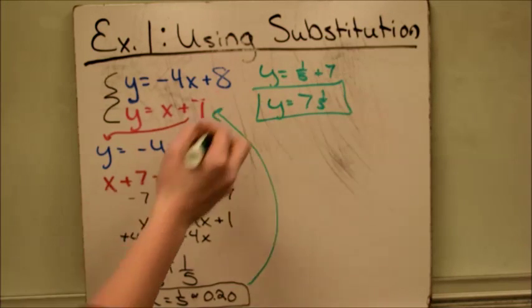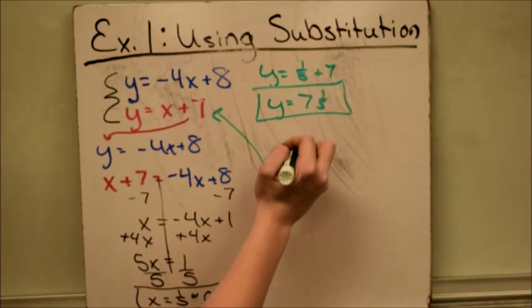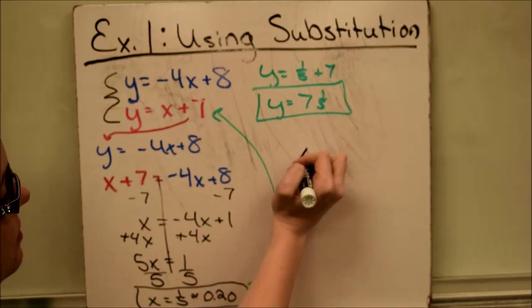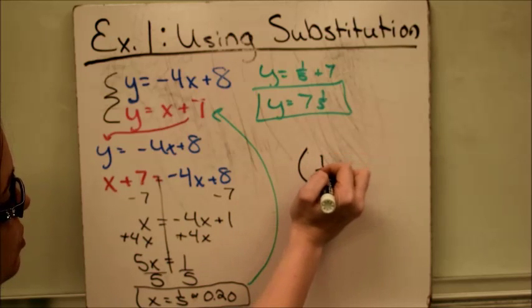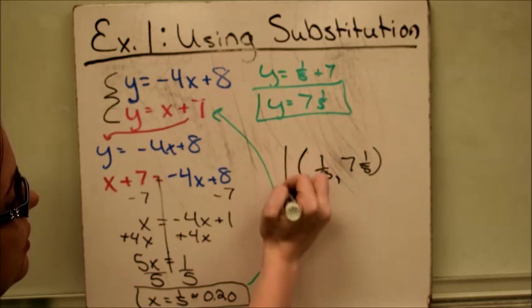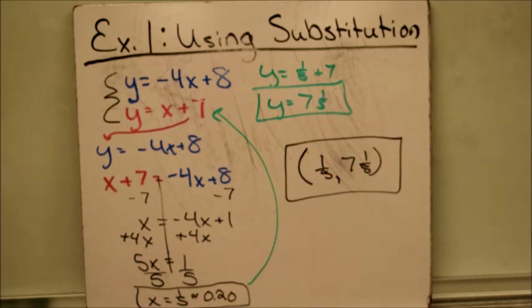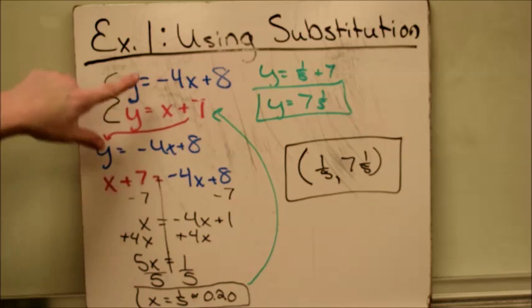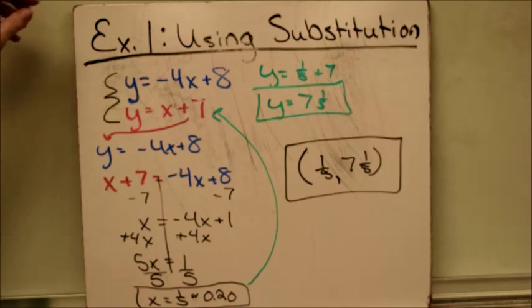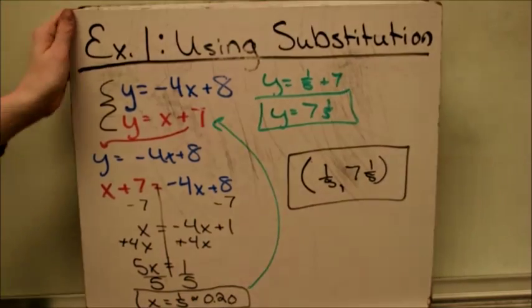I can write this x, y as a coordinate point, and that's what I should do to show my solution. 1/5 and 7 1/5. That's my final answer. I could check this by plugging them back into my original two equations and seeing if they're correct.